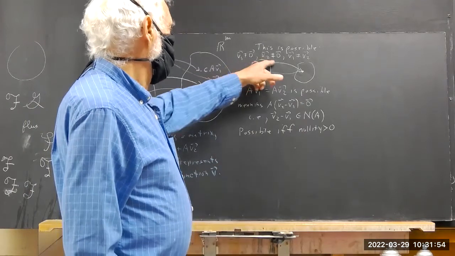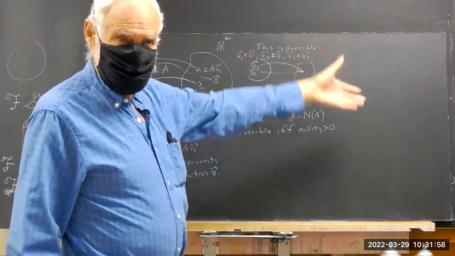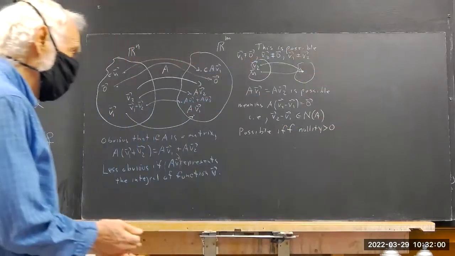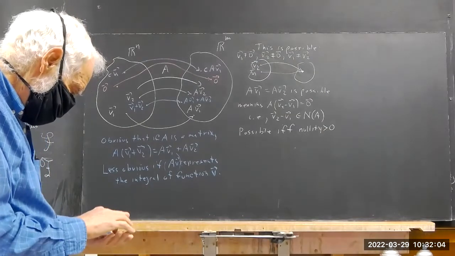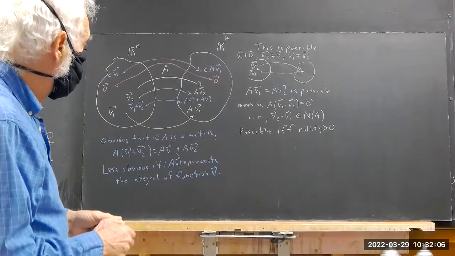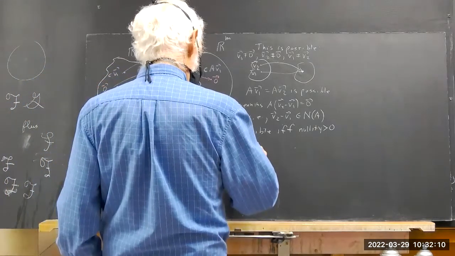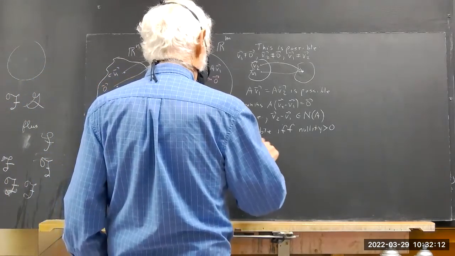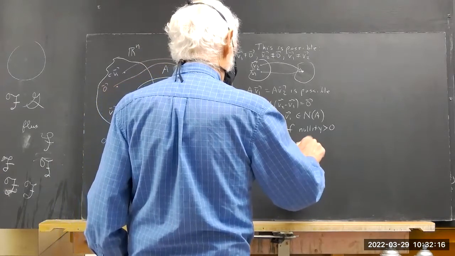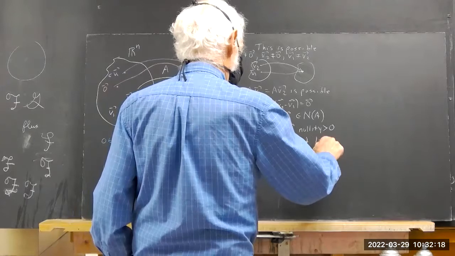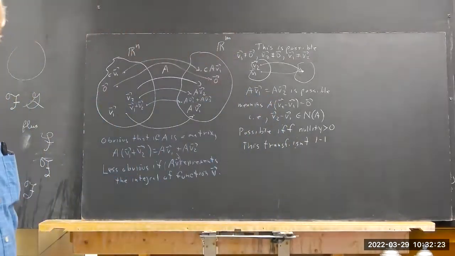You could say that both of these can't be 0, but one of them could. Then technically this statement would work, but that's okay. The transformation isn't one-to-one.